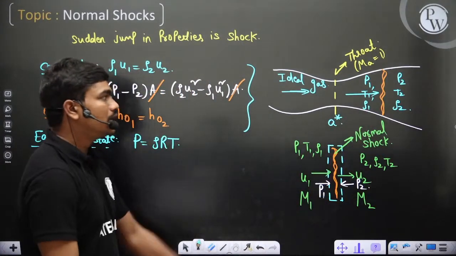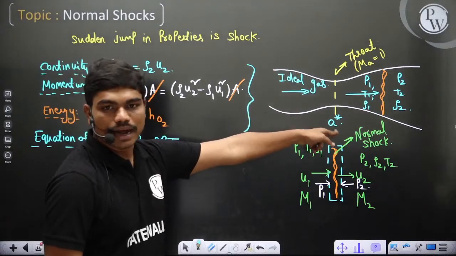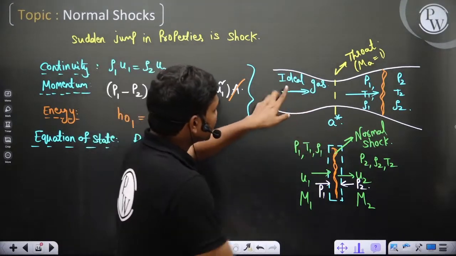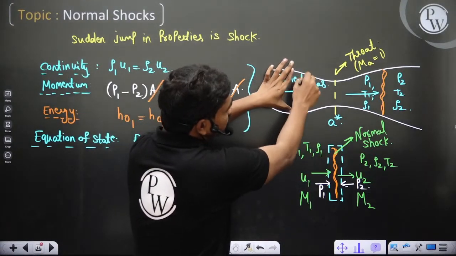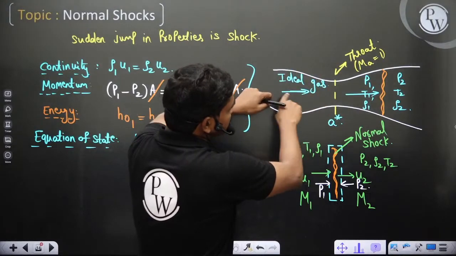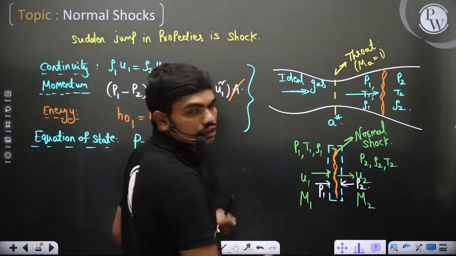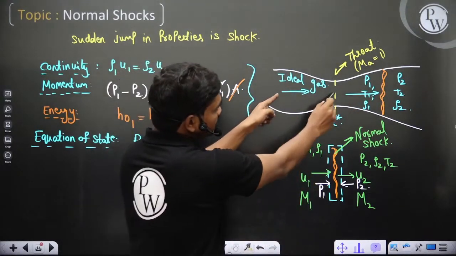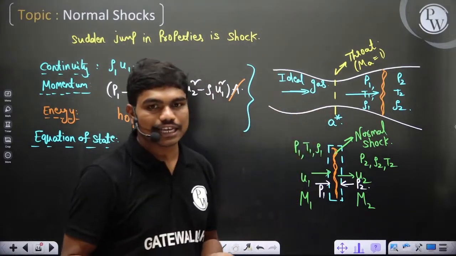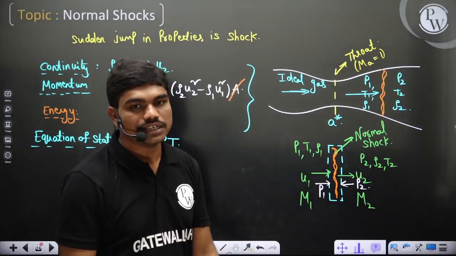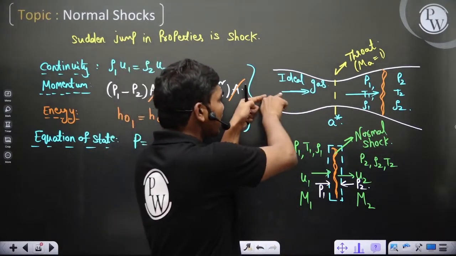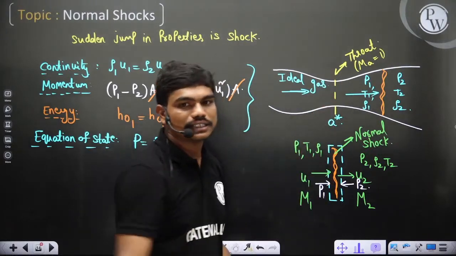At any point you can calculate the acoustic velocity of the disturbance, but it changes along the length of the nozzle because temperature keeps changing along the length. If temperature changes, square root of gamma R T changes, so the Mach number keeps changing and it touches 1 at this particular point.